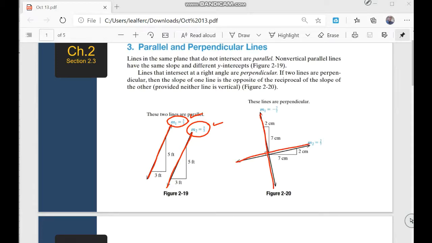Here we can see they are perpendicular. The slope of line 1 is negative 7 over 2. And the slope of line 2 here is 2 over 7. If you multiply negative 7 over 2, you can simplify here, times 2 over 7, you will have negative 1. That means those lines are perpendicular.